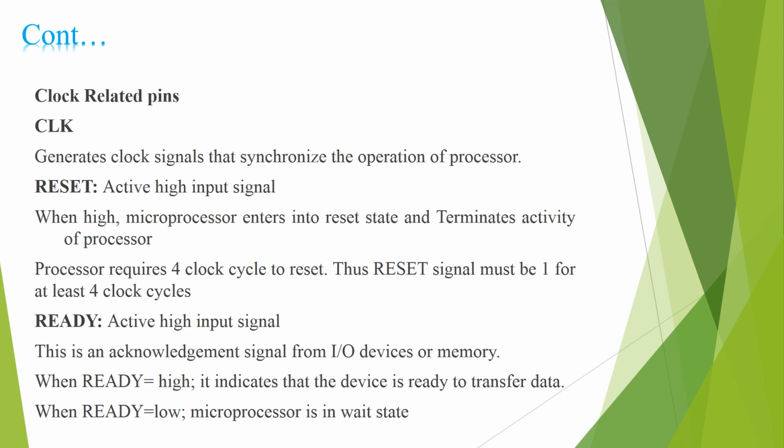It is a high input signal. It is an acknowledgement signal from input output devices or memory. When this signal is high, it indicates that the device is ready to transfer. When READY is low, the microprocessor is in the waiting state.